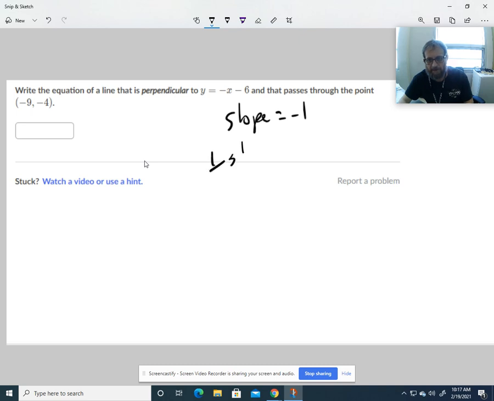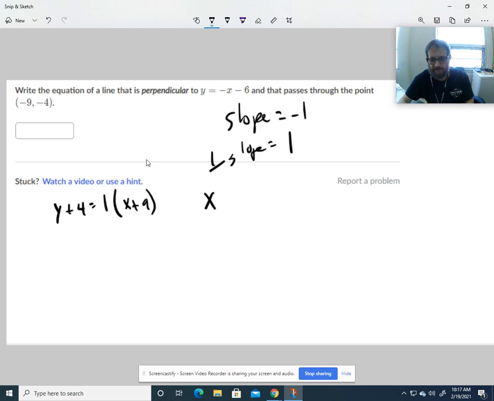My perpendicular slope then is +1, because this is 1 over 1, flipped over is 1 over 1, and it just changes the sign. So now I know my equation. Now, if you want to write this there's three forms. The easiest form might be point slope. So y plus 4 equals 1 times x plus 9. That would be point slope.